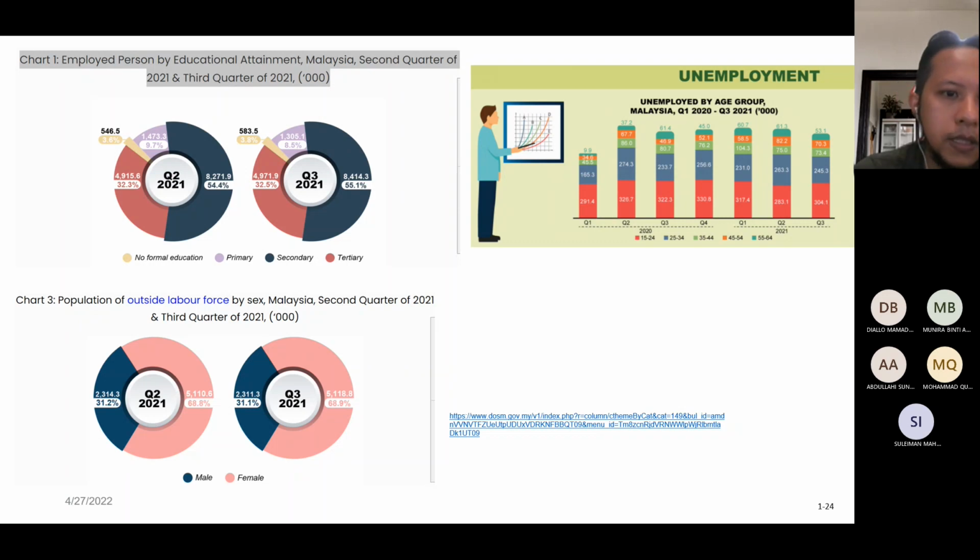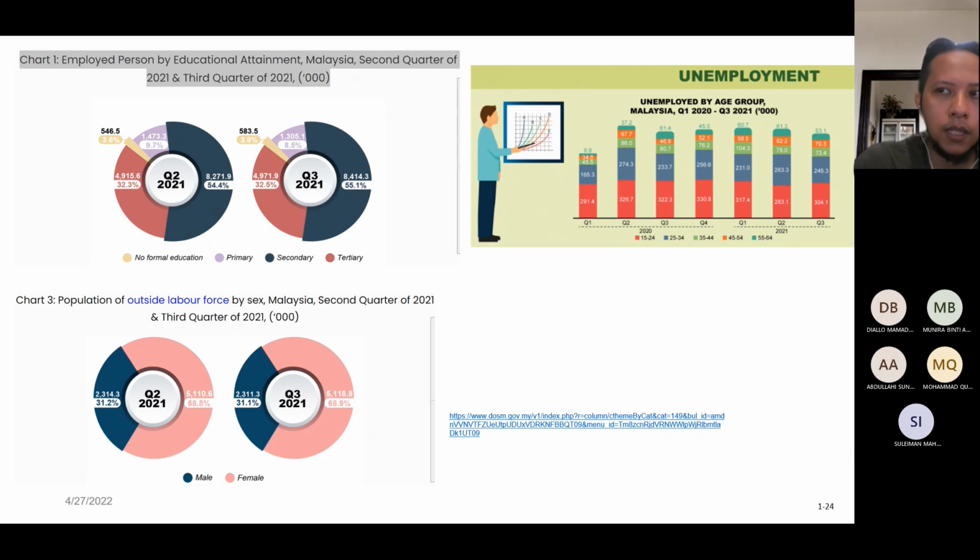Yeah, in Malaysia, the statistics are a bit different. Okay, so in Malaysia, the female, sorry, this is population outside of the labor force. These are people who potentially can work, but they are not willing to work.